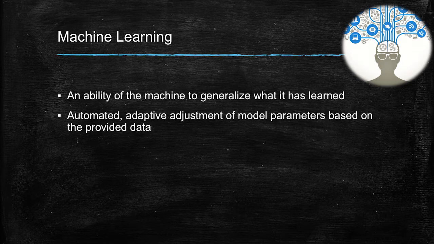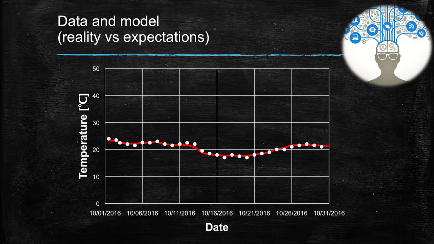So what do model and data mean in terms of machine learning? Basically, data is the information coming from our sensor, for example, temperature, and the model is a function or set of functions or objects which tries to fit or predict our data. Briefly speaking, data is the reality and the model is the expectations.